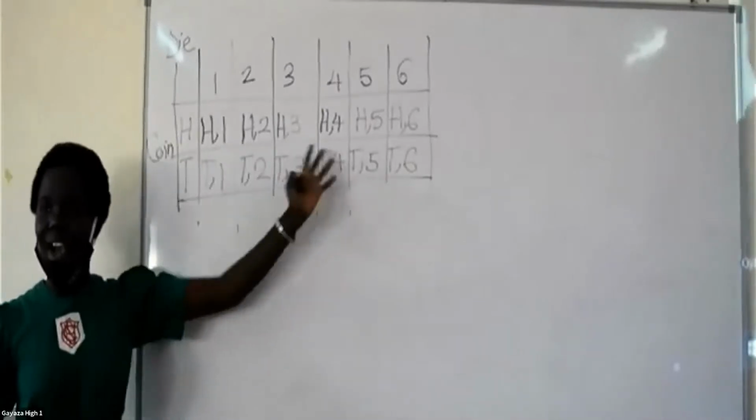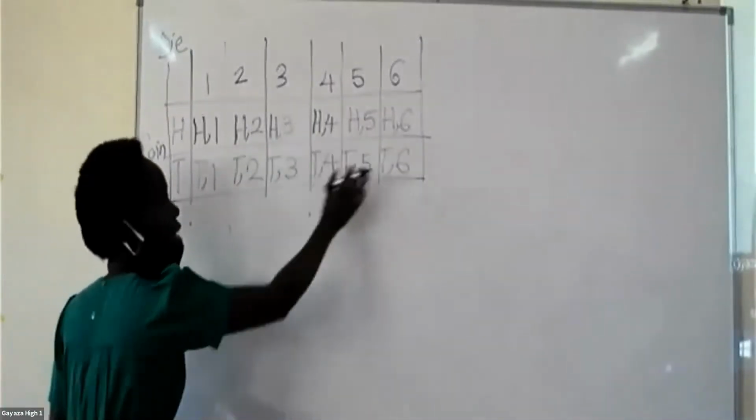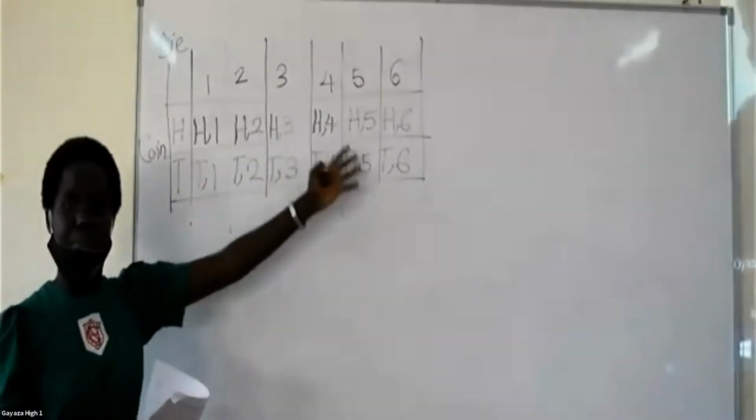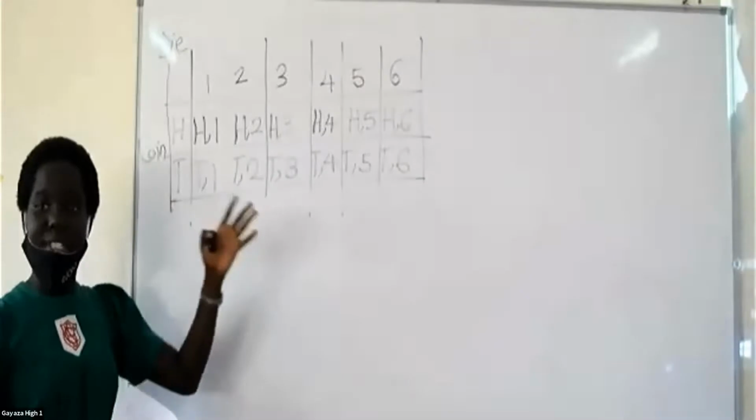So these are the possible outcomes. What we get is what we call our sample space, and the total of these possible outcomes gives us our total sample space.